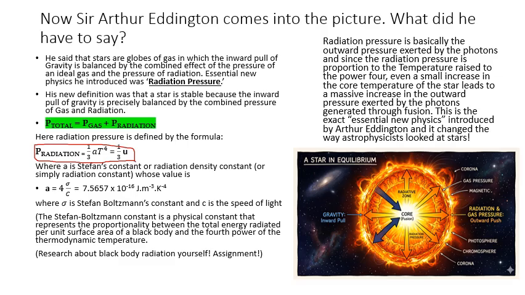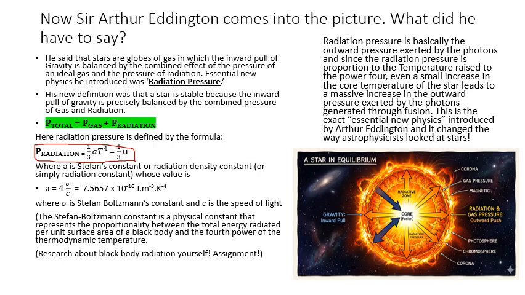You can see the value of the Stefan's constant and how it is related to the Stefan-Boltzmann constant, and we can calculate the radiation pressure of a star if we know its temperature, because a is a constant. Because there are different temperature gradients, each region of the star has a different radiation pressure, but this difference is also responsible for keeping the star stable.